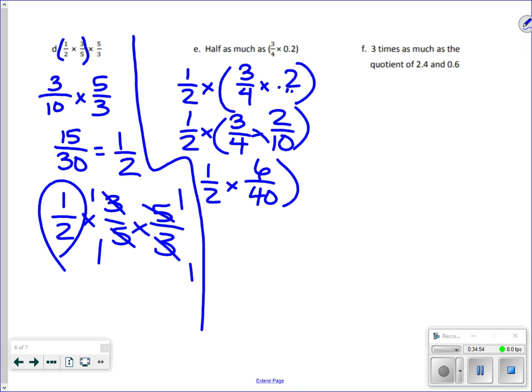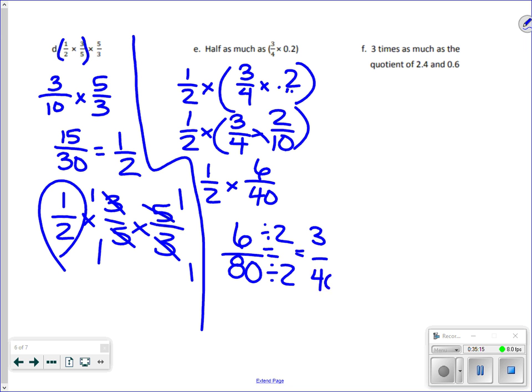Oh, why did I do that? Did not need that. 1 times 6, 6. 2 times 40, 80. Divided by 2. 6 divided by 2 is 3. 80 divided by 2, 40.